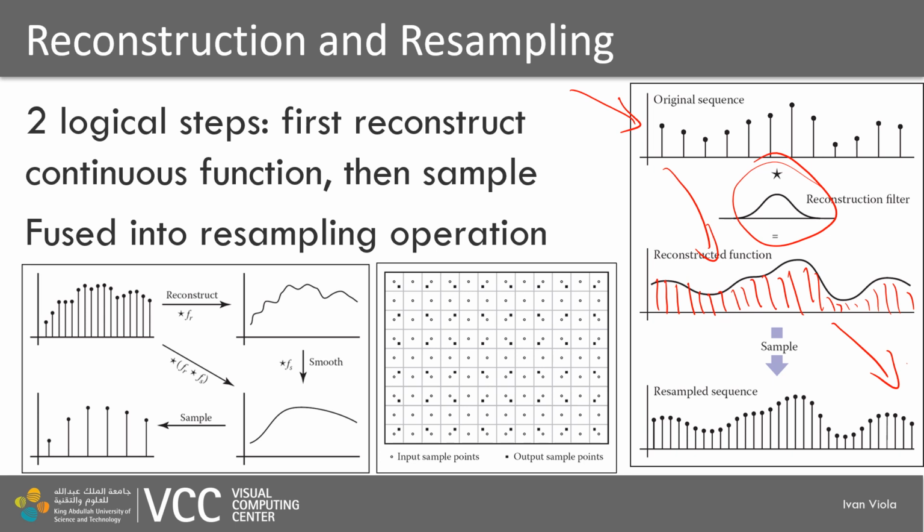A bad reconstruction filtering will be performed, for example, with the nearest neighbor filtering, which will result in something like this. And then, if we perform resampling of such a continuous function, we will have these edgy artifacts present in the resampled function as well, which would be undesired. Therefore, a higher quality reconstruction filter is crucial for proper resampling, as we call it.